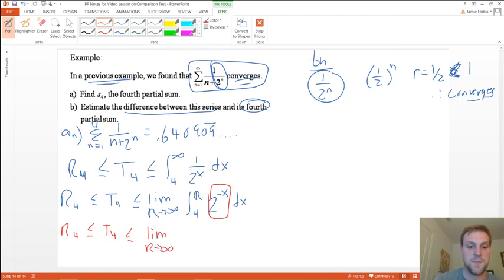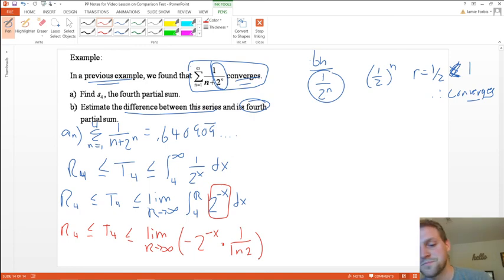It's actually equal to a to the x, or in this case, negative 2 to the negative x, and then times 1 over ln of a. Okay, so old school integral there. If you can remember that, hopefully you can, but if not, no big deal.